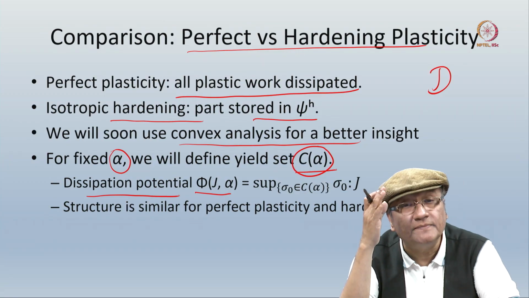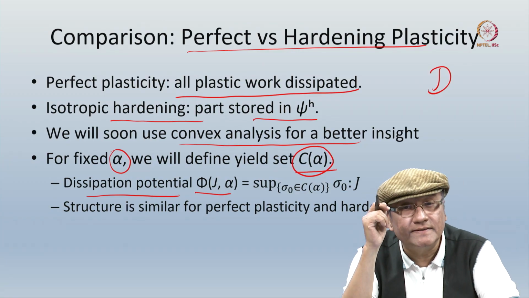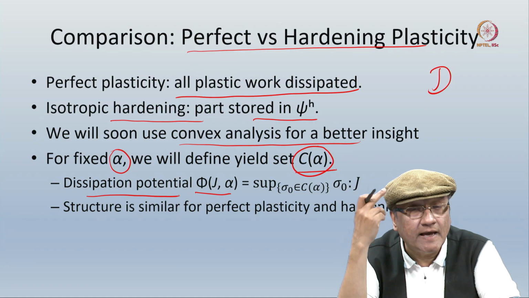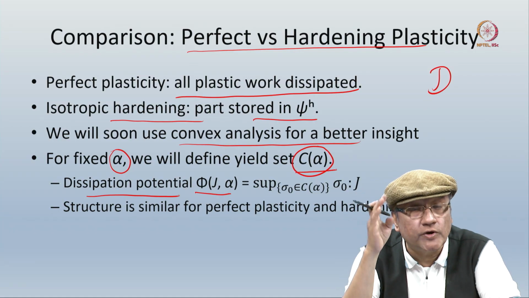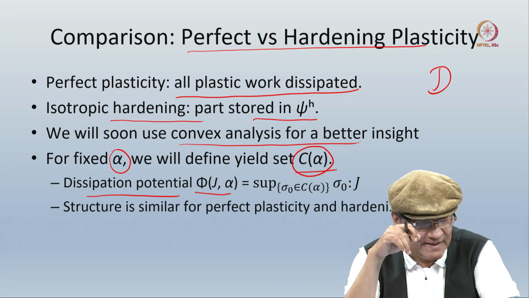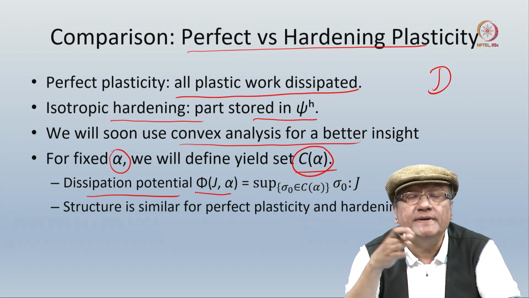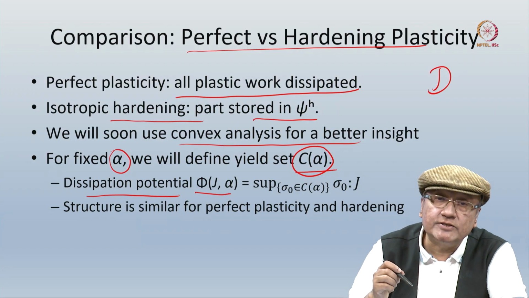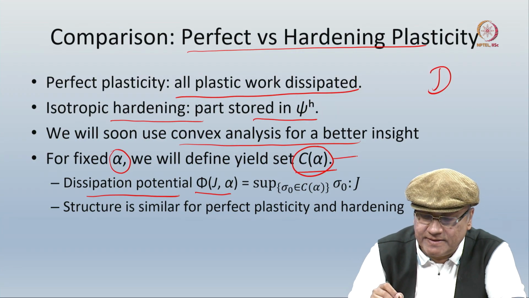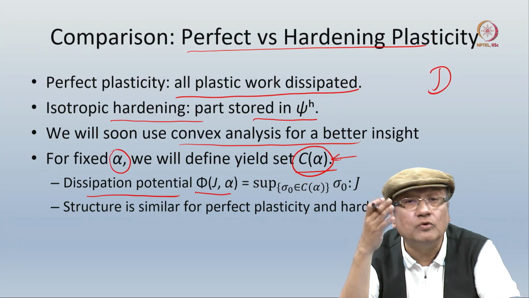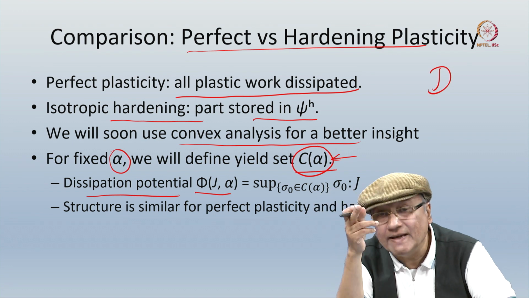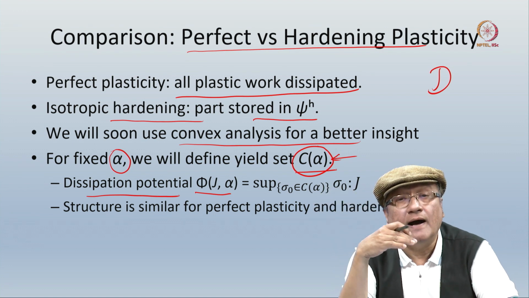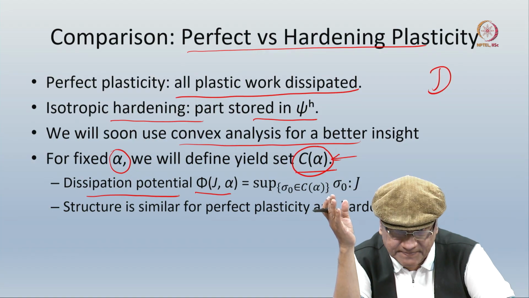If you look at it from that angle, the advantage is that you do not have to solve a constrained optimization problem. The way that we have been discussing plasticity, we are constrained by the stresses being restricted to C alpha all the time. We really cannot have stresses going outside the set C alpha.